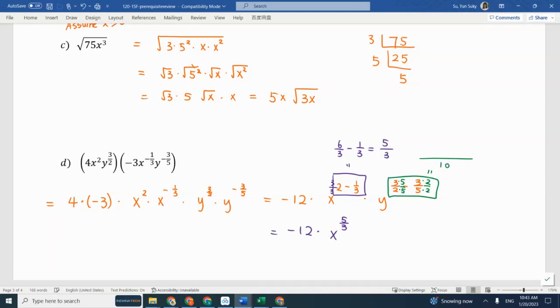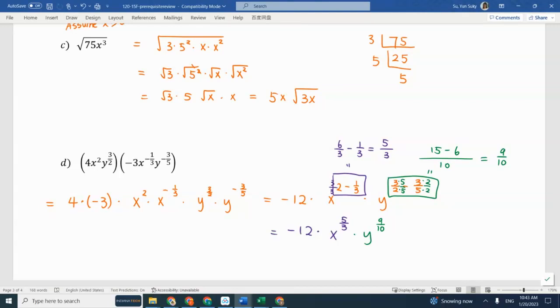Okay, so now we have 10 in the denominator. 3 times 5 is 15, minus 3 times 2, 6. 15 minus 6 is 9/10. So this is y to the 9/10.